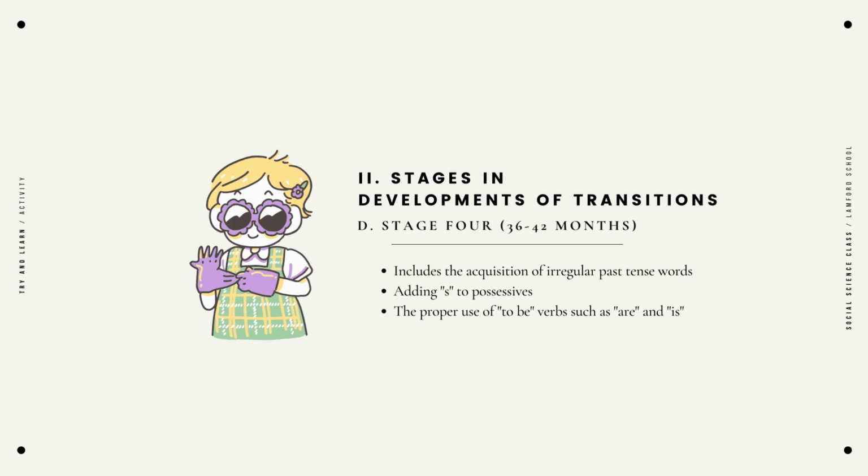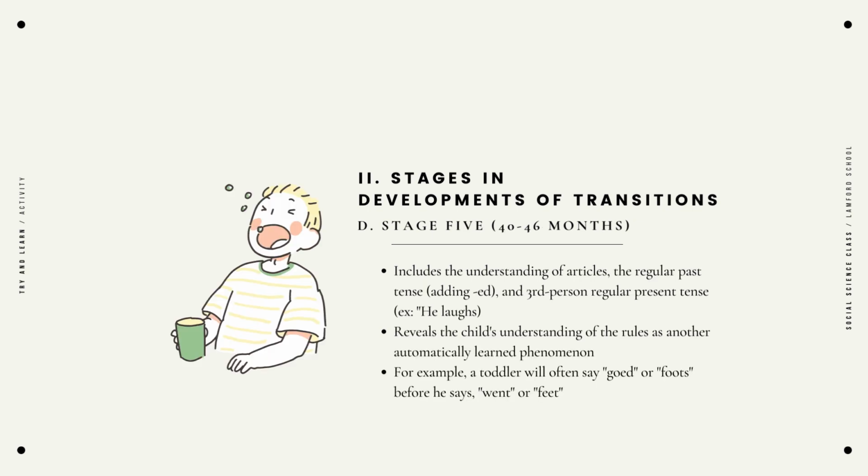For stage 4, occurring at 36 to 42 months, this includes the acquisition of irregular past tense words, adding s to possessives, and the proper use of to be verbs, such as the right use of are and is. And in this fifth stage, at 40 to 46 months, this includes the understanding of articles, the regular past tense, which involves adding ed, and third person regular present tense.